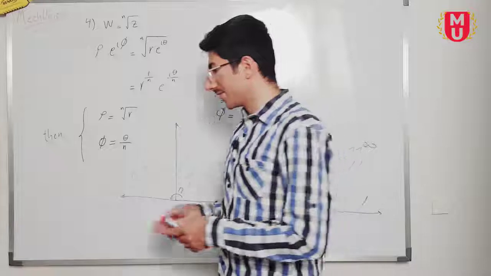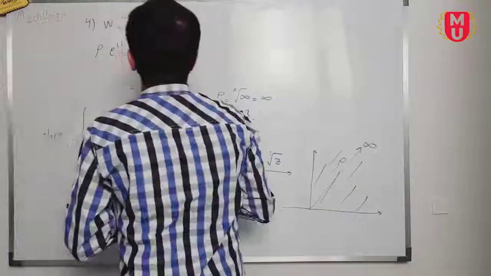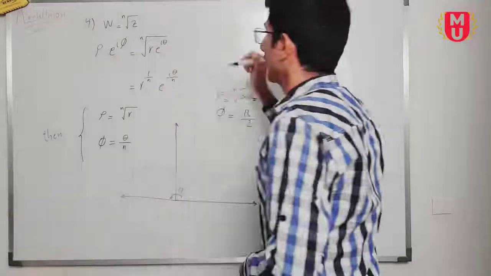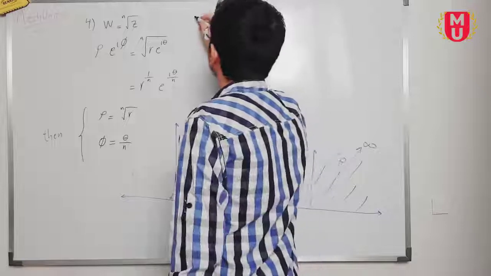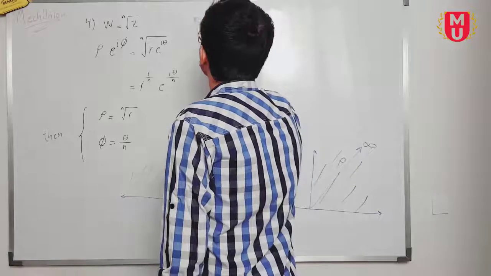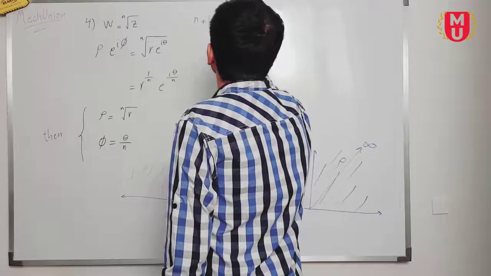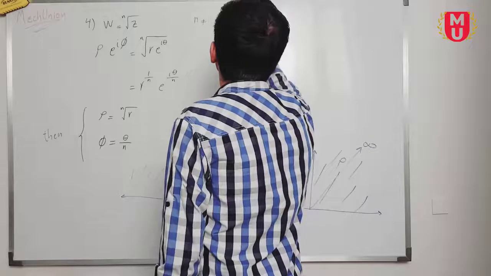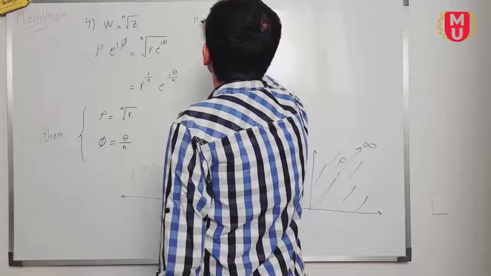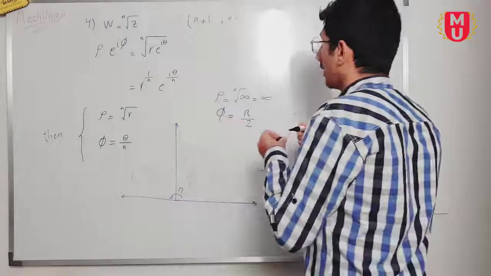I forgot to write down this. If you remember, n must not be equal to 1, and it's an element of natural numbers.